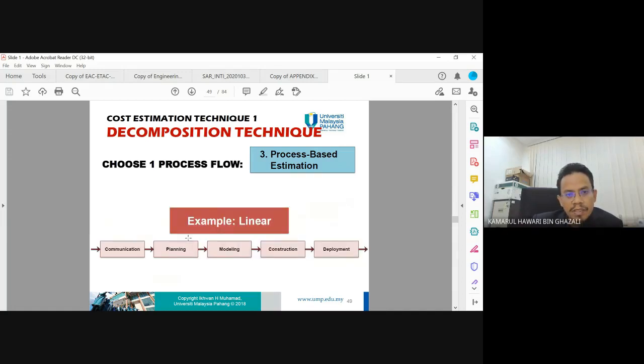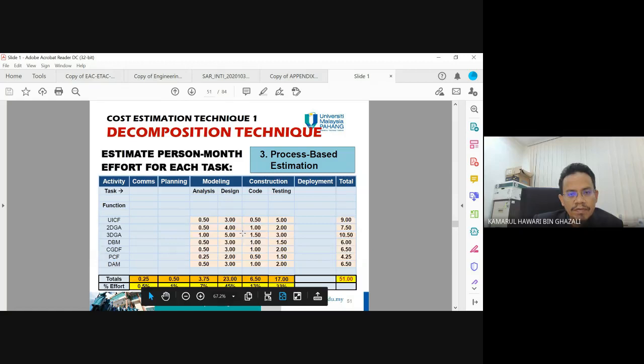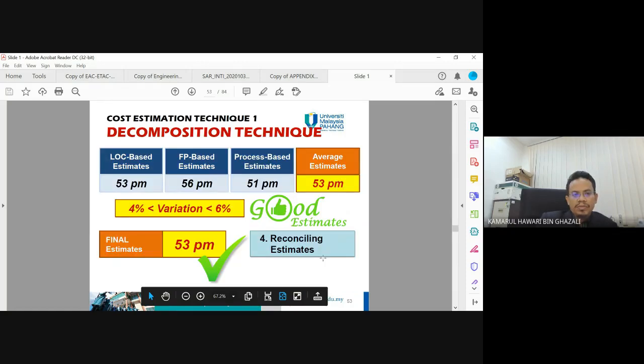Okay, so this is another example of process-based estimation of the process flow: task, planning, modeling. Then we write down all the functions and the percentage of effort. Then we come up with all the figures, and then we can estimate the cost.